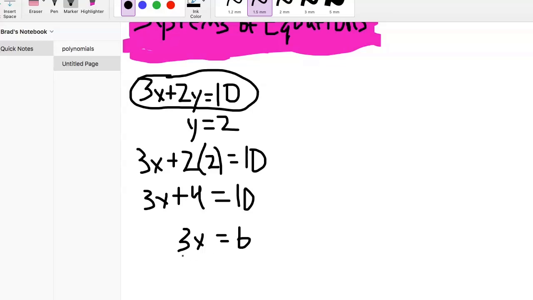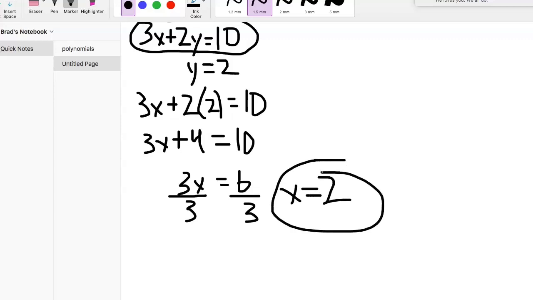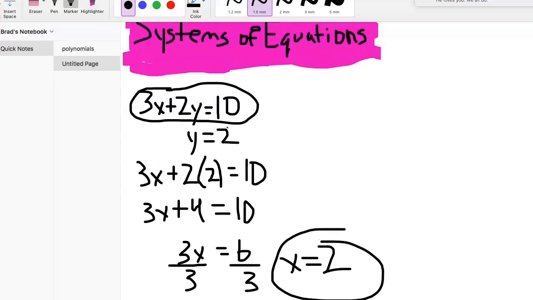Divide each side by 3. X is 2, and that would be our answer. X is 2. No problem, right?